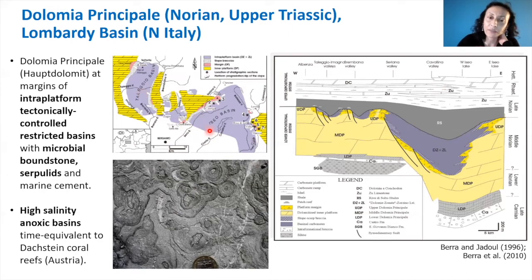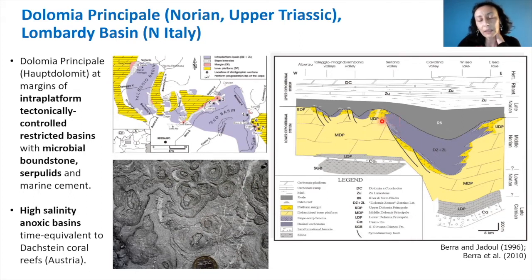This basin, driven by synsedimentary tectonics, dissected the laterally extensive, early dolomitized Dolomia Principale platform, here indicated in yellow. At the margin of this intra-platform basin, that must have had quite restricted circulation and probably high salinity, there are microbial boundstones developing. Here, an example of this columnar laminated microbial boundstone that can extend on the slope.